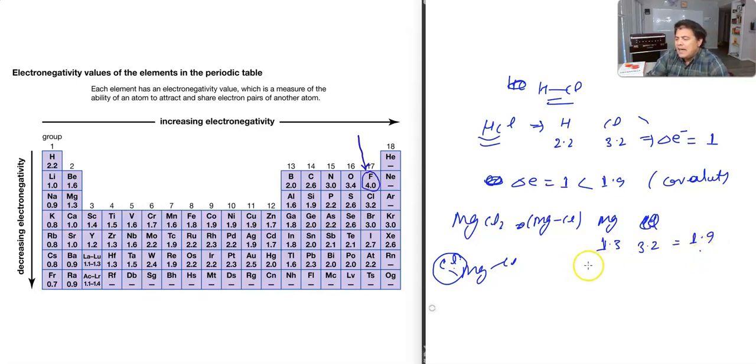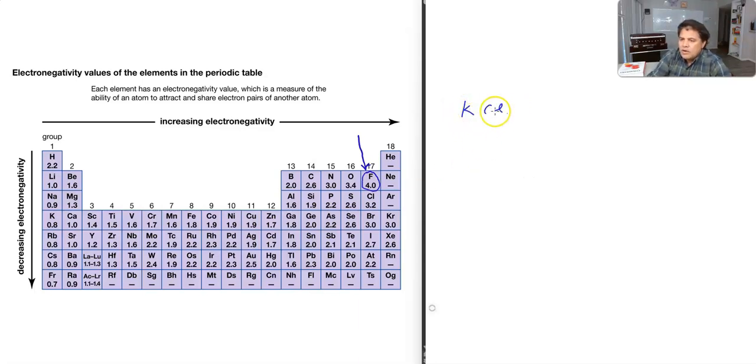It is ionic, but pretty close to covalent, a very weak ionic bond. Calcium chloride is also the same. Similarly, potassium chloride. Now let's see potassium chloride, potassium and chlorine.